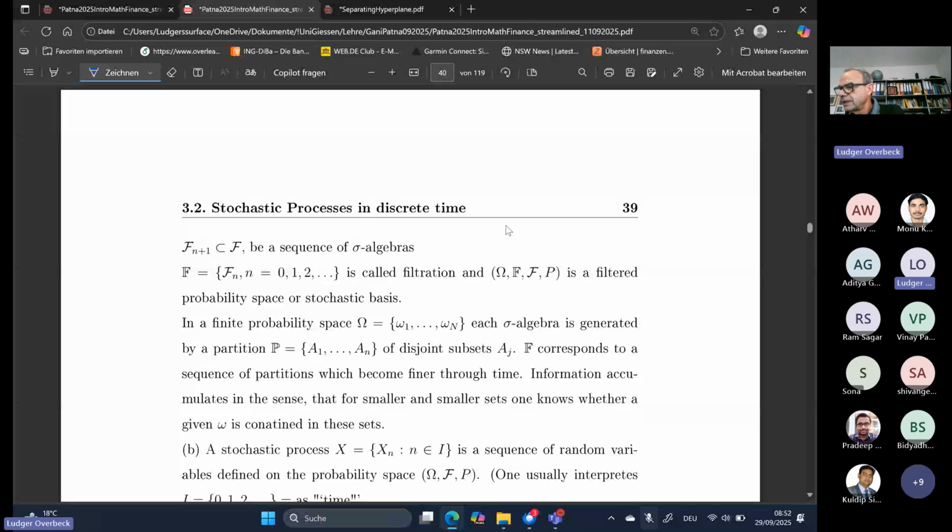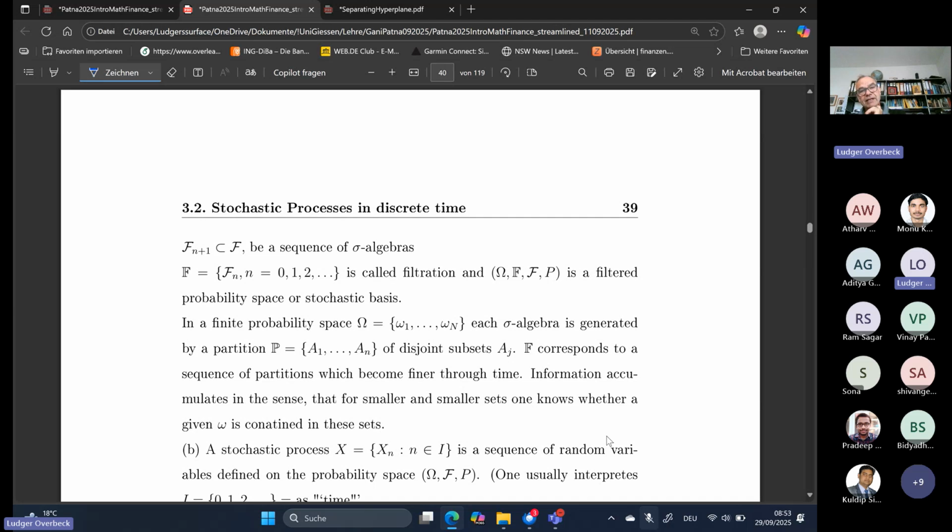Okay, so we have now these sigma algebras. In a finite probability space with a partition, as we have done on the tree as an example of a finite probability space, even with multiple time periods, the sigma algebra is also just a finite set of subsets.